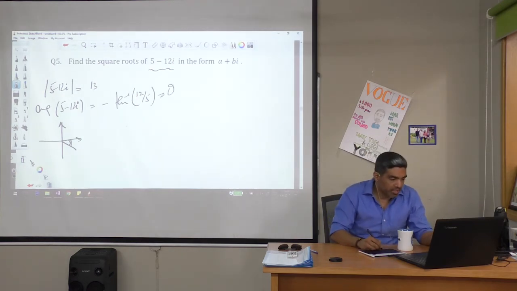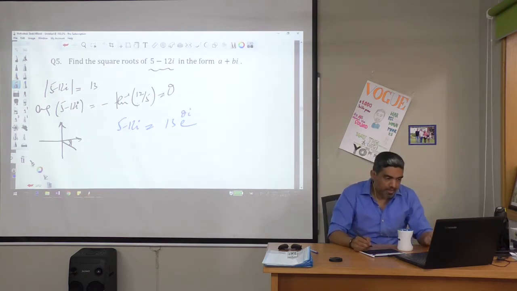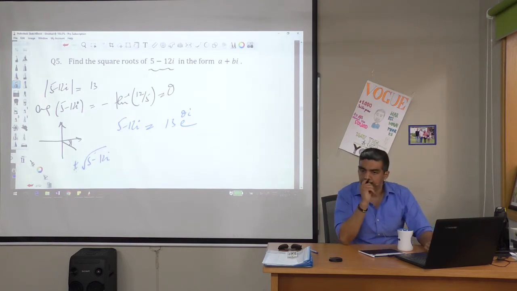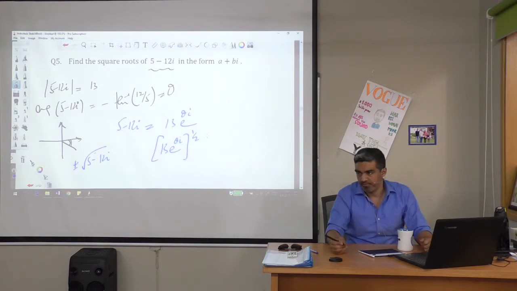So the exponential form that we are getting is 13 e to the power theta, where theta is this angle. Now let's say you're interested in finding the square root. Which means I would take the exponential form and raise it to the power half.